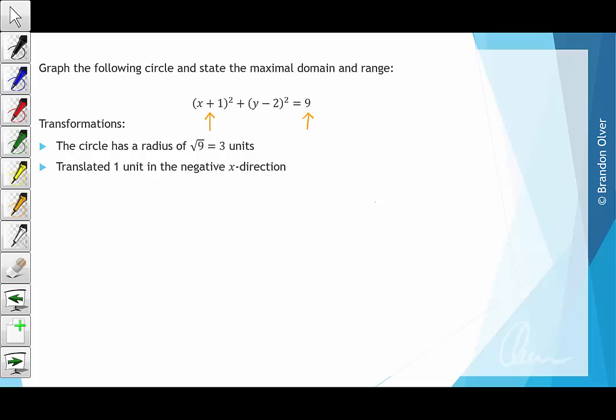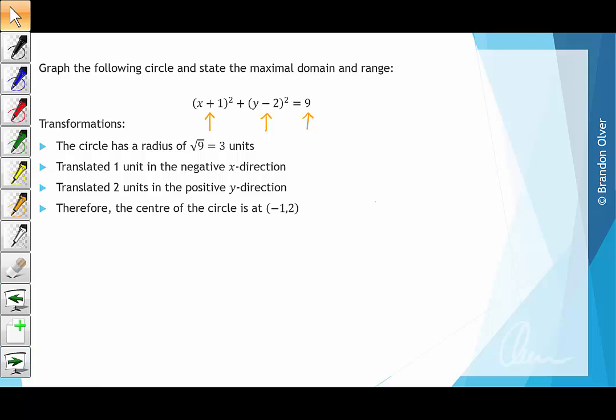Then we can work out that it's being translated 2 units in the positive y direction, and that's because of this. If we have y minus 2 equals 0, we get y equals positive 2. Because of those last two bits of information, we can work out that the center of the circle is at negative 1, 2.